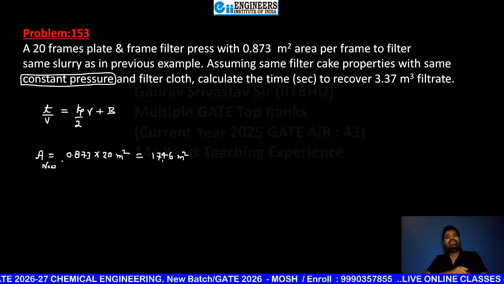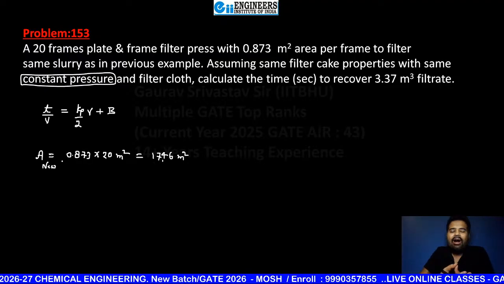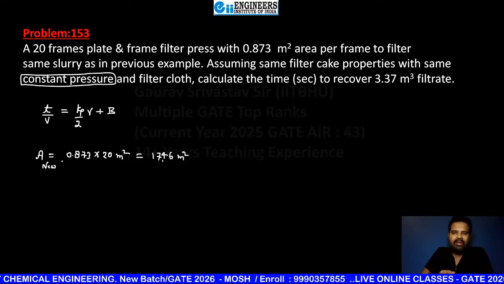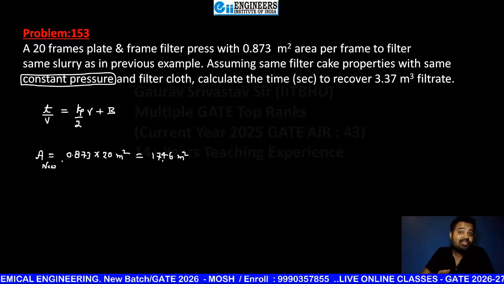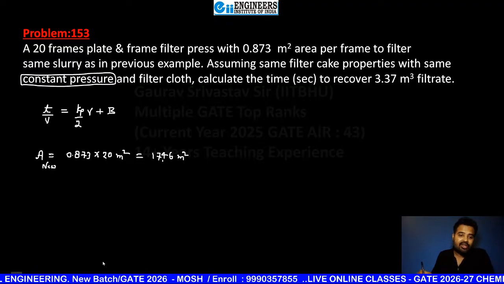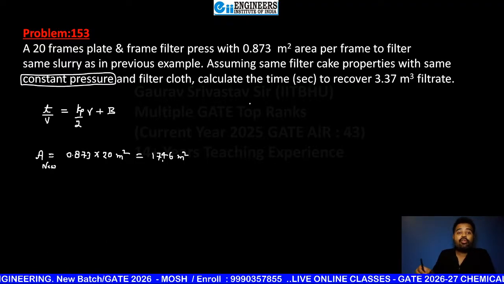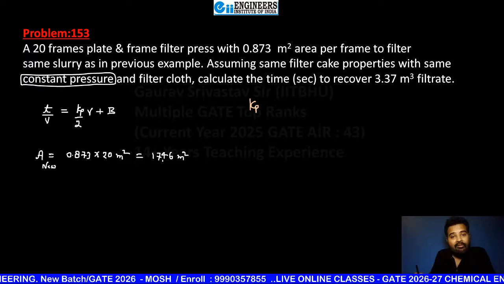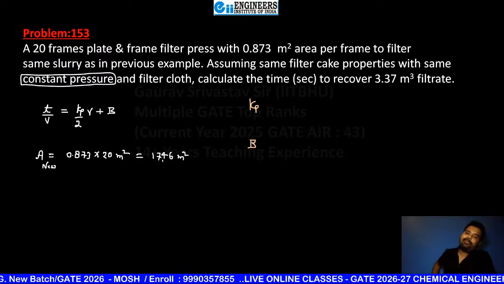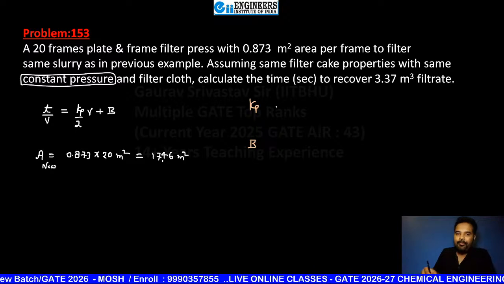So when only the area changes, how to solve that question? Sometimes in the examination you may feel too much difficulty, but no need to worry. Now the things that changed here are the value of your Kp and the value of your B. You are not going to use your previous Kp and previous B. Why, sir?